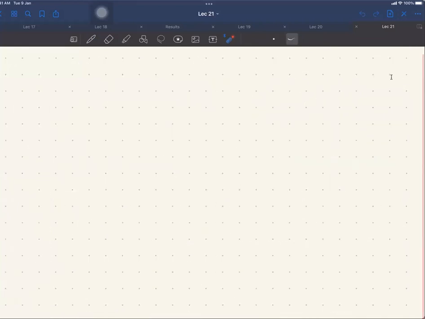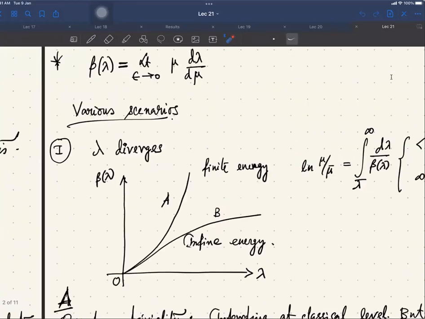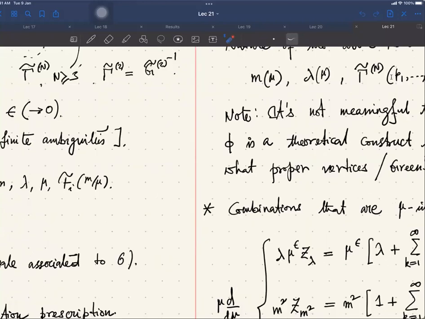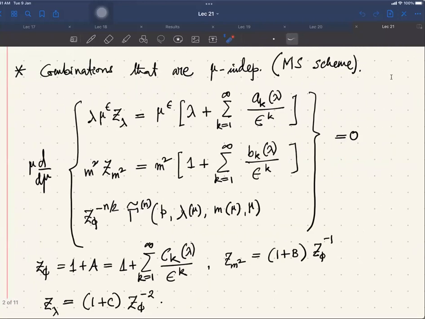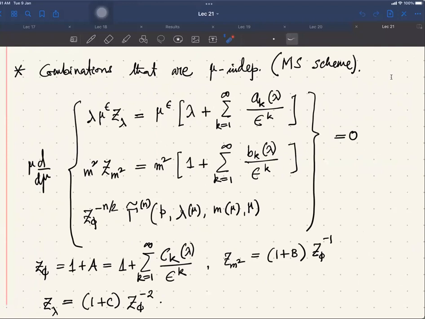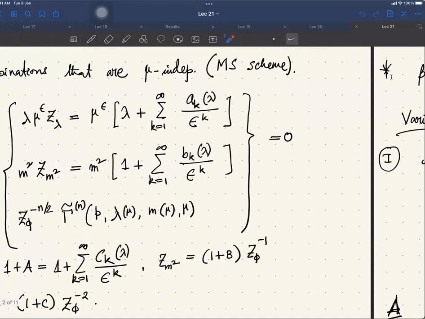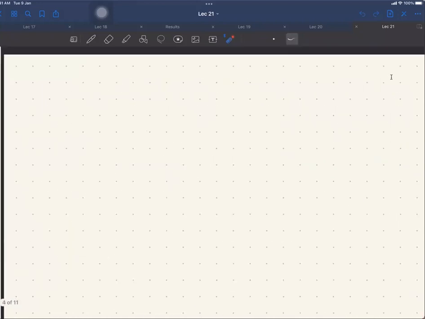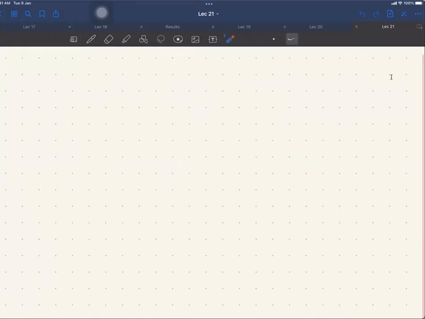You can do the same thing for the mass coefficient, which I'll call gamma m, and also for z phi. So let me define those coefficients first, and then I will quote the results, which you have to prove by yourself using the same calculational technique.